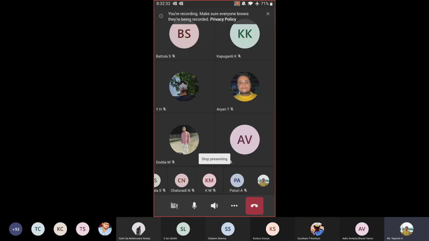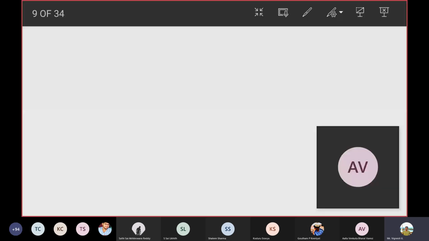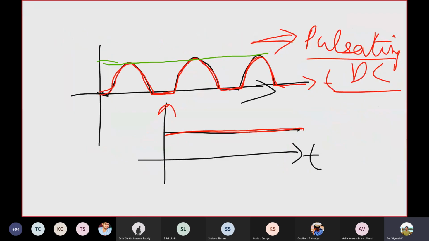Okay, let me anyway start. Right. So in the last class, we were discussing a rectifier circuit called a half-wave rectifier, right?